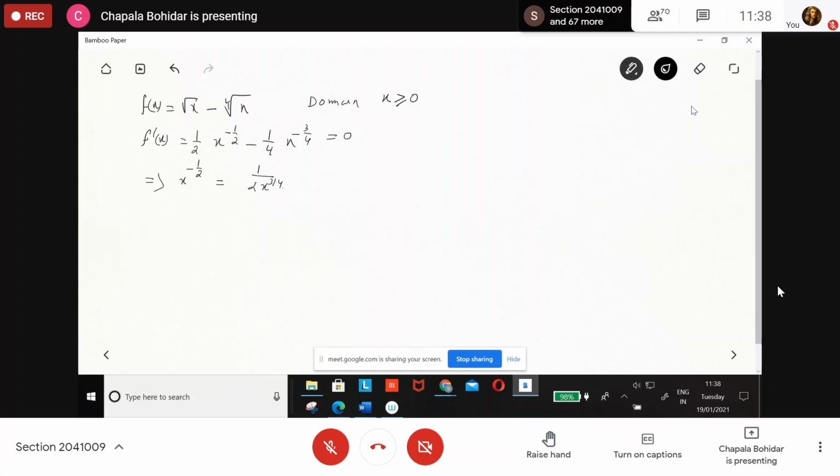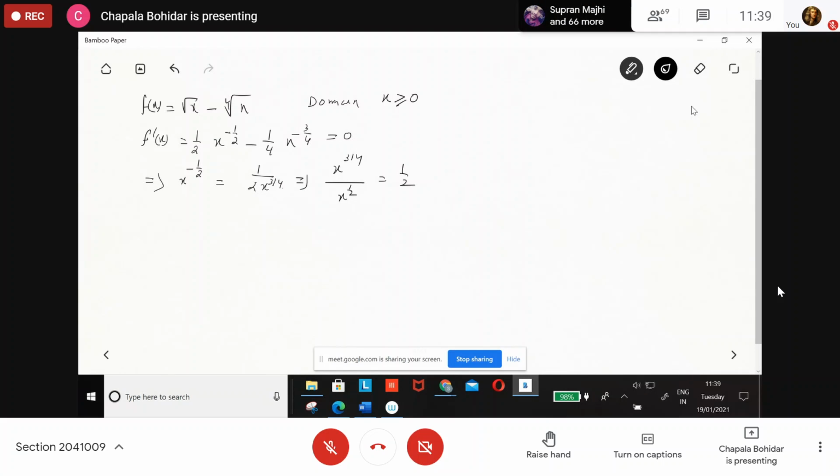I can write this way: x to the power 3 by 4 divided by x to the power half is equal to half. So 3 by 4 minus half, how much is it? It is 1 by 4.